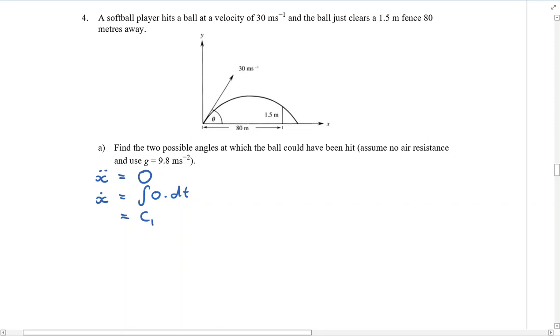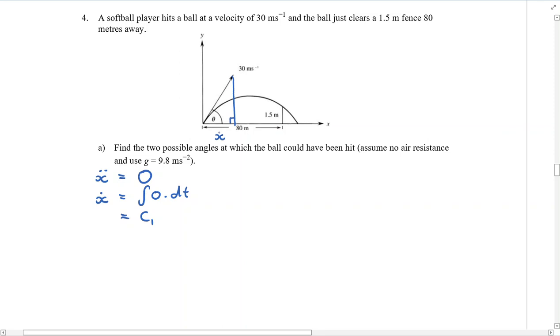Now, to find out what that constant is, I need to know my initial velocities in both my x and y direction from my diagram up there. So I'm going to draw a triangle like this, with a right angle down there. When we first did this, I did it the long way, but I did tell you that you'll probably get used to the shortcut.